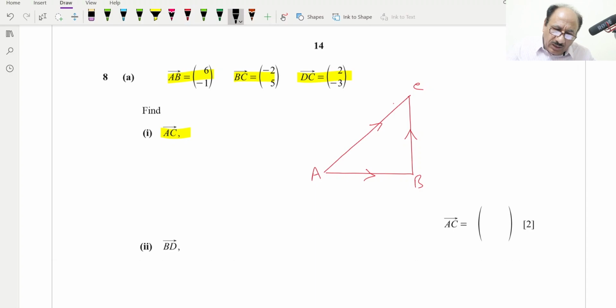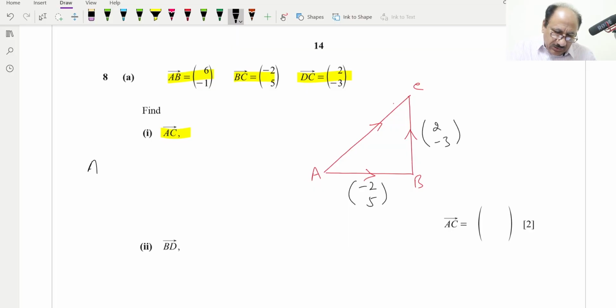So if I write the column vectors which are provided, BC is minus 2 and 5, and DC is 2 and minus 3. Now what we can do, we know AC is AB plus BC.